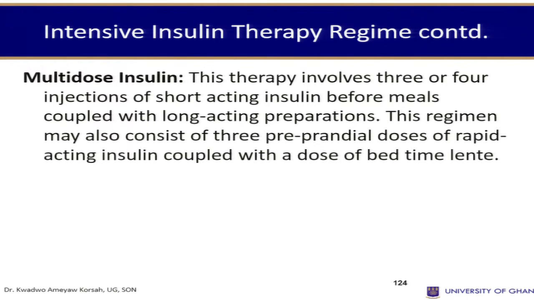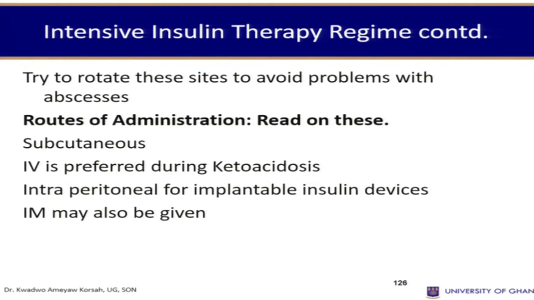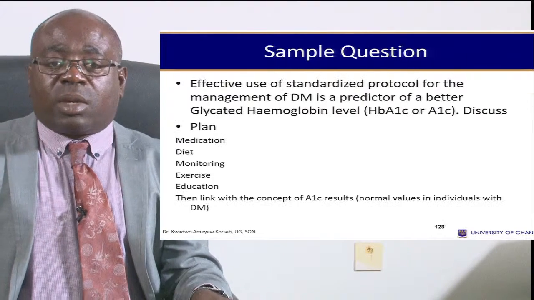We have multi-dose injection, and then injection sites, and then routes of administration. You have to read on this. Subcutaneous; IV is preferred for patients having ketoacidosis, and the intraperitoneal for implantable insulin devices. IM may also be given. And read on the signs and symptoms of hypoglycemia and its management.